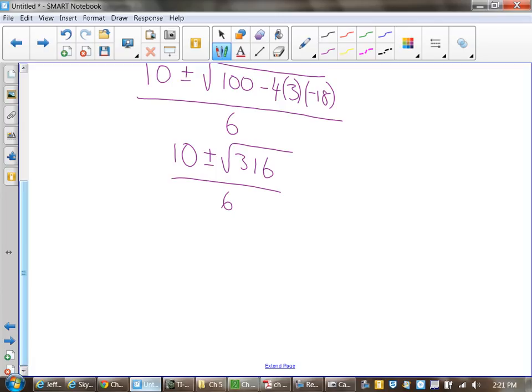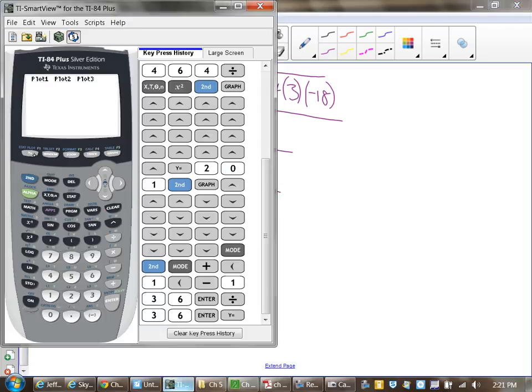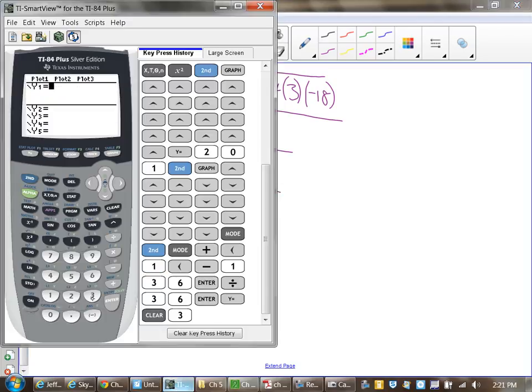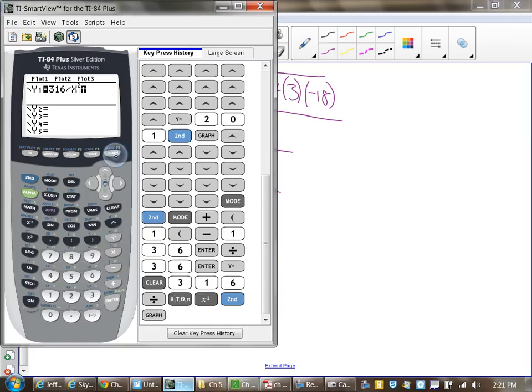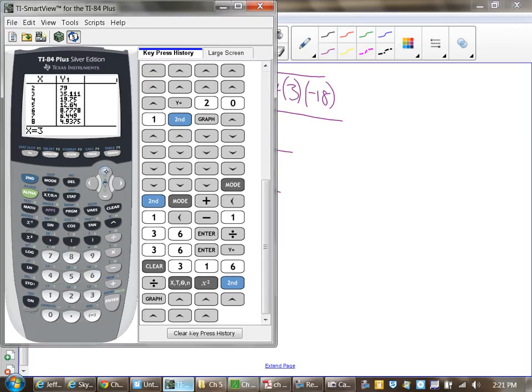Which means now I have to start looking for perfect squares that work with 316. Go to your calculator. Y equals 316 divided by x squared. Go to your table. I'm looking for perfect squares. I get 2 root 79.